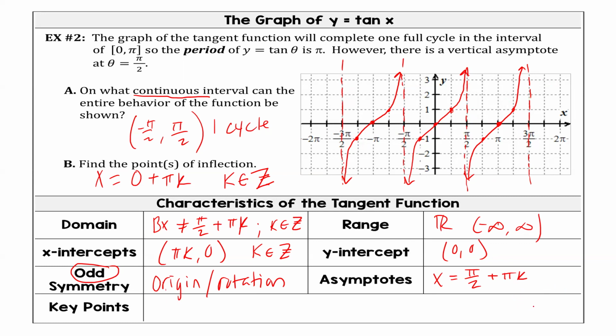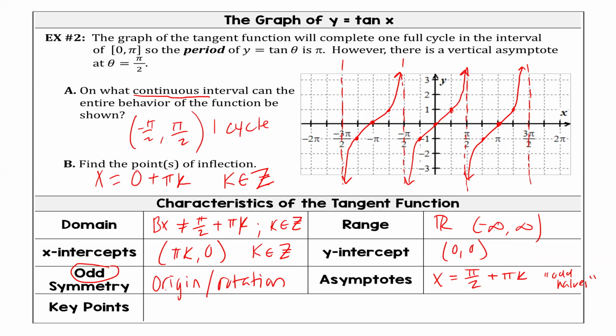I call them my odd halves, because that's when the odd numbers are in the numerator. It's going to simplify, and that's where our point of inflection is. Thinking about it as odd halves is helping.